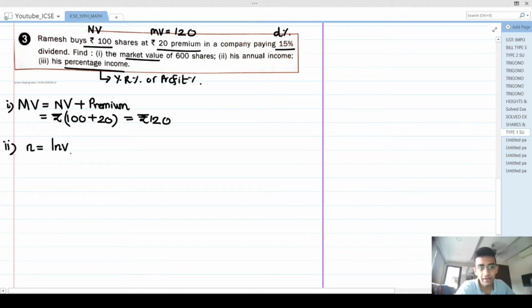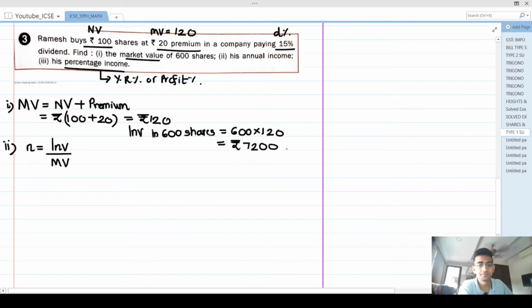So we have to calculate investment upon MV, right? Actually, hold on. They've said market value of 600 shares. So MV of 600 shares or investment in 600 shares will be 600 into 120, and this will be rupees 72,000.